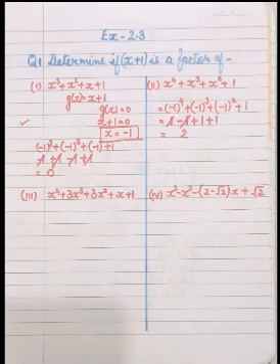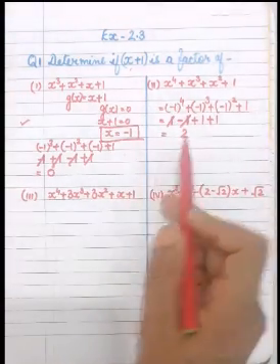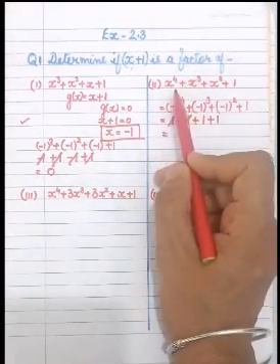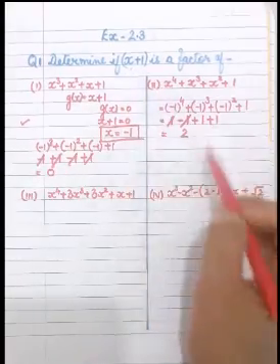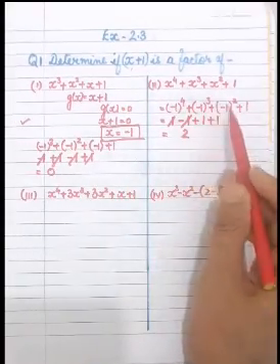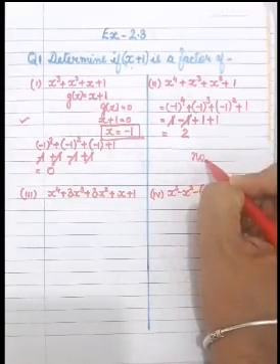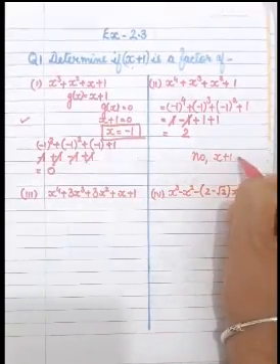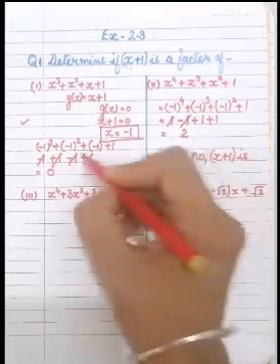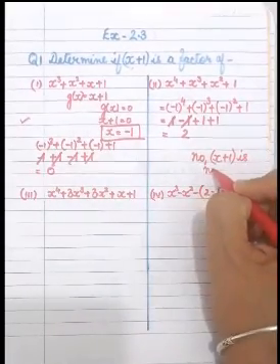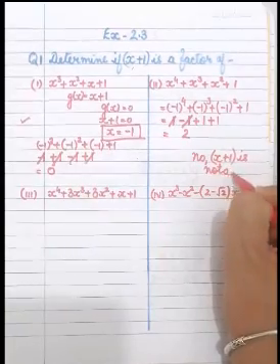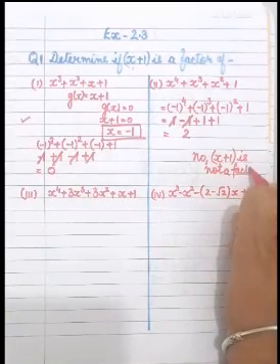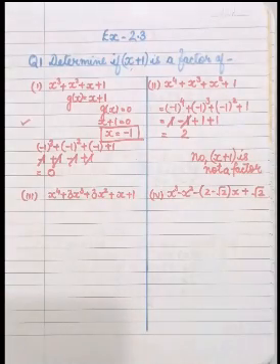As I am not getting 0, we can say that x plus 1 is not a factor of this polynomial. So in this case, no, x plus 1 is not a factor, but in the previous case, x plus 1 is a factor.